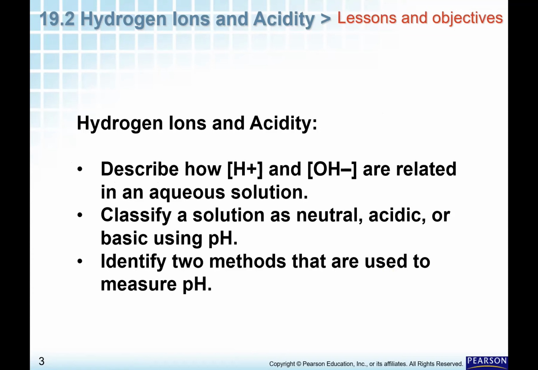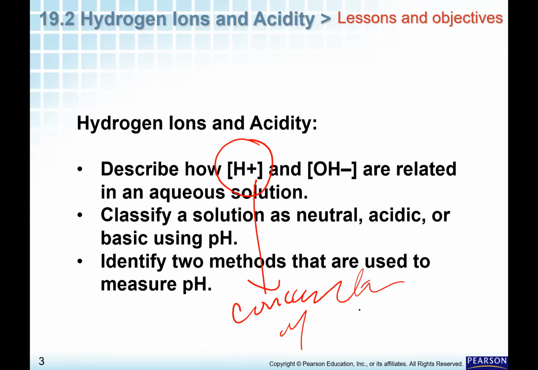Okay, the objectives for today are to see the relationship between the concentration of H plus and the concentration of the hydroxide ion. Of course, this one here with the brackets is read as the concentration. So when you see something like that, you say concentration of H plus.